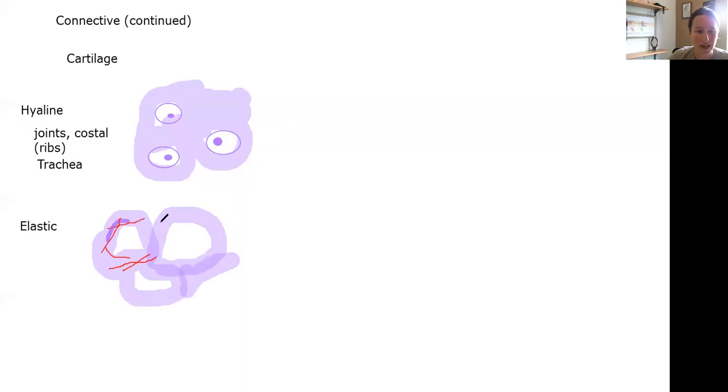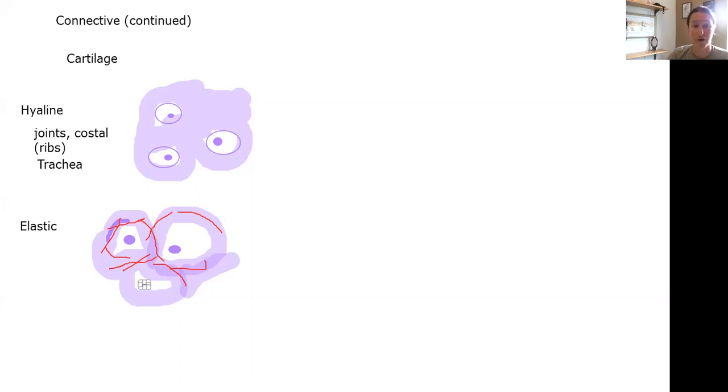They are stained a little bit more darkly, and they look kind of irregularly arranged surrounding those little cells within their lacunae. So again, a lot more rigid, a lot more fibers embedded within that kind of jelly-like matrix.